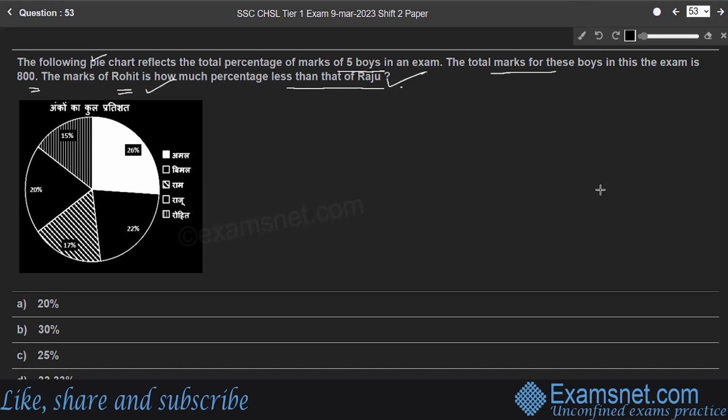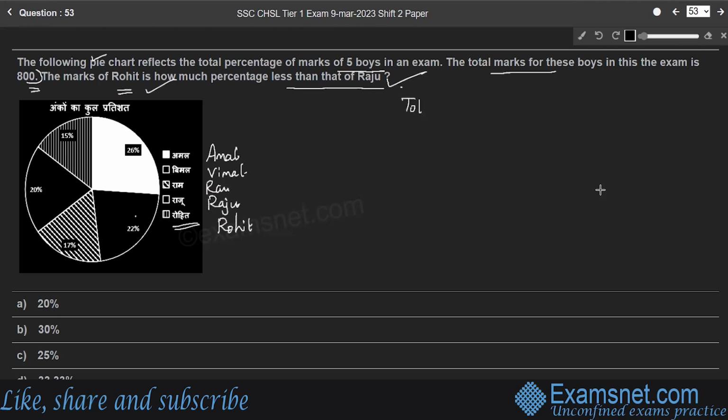Given that the white shaded part is marks of Aman, and the non-shaded part is marks of Vimal, which is 22%. Marks of Ram is 17%. Raju is 20%, whereas Rohit's marks is 15% of the total marks.